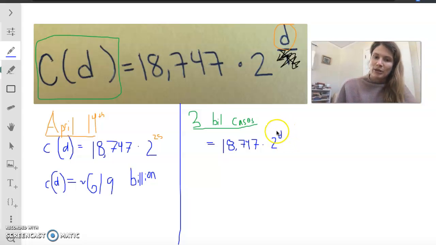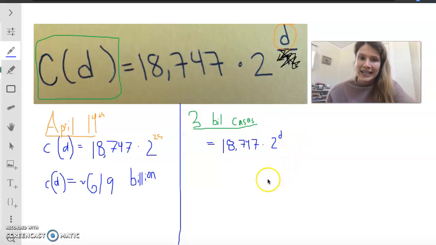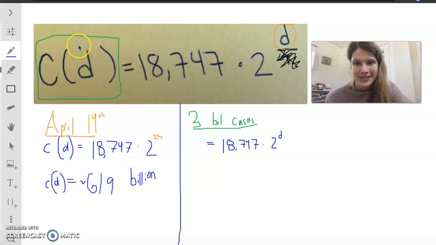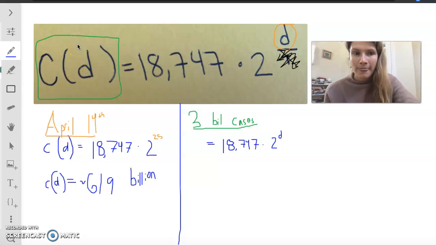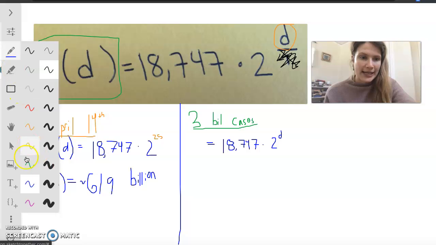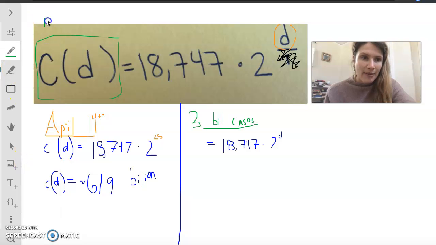This time, instead of plugging in a number for D, we're actually going to plug in something on the output side, on the left side of the equation, because as we annotated in the last video, this left side of the equation represents the number of COVID cases.